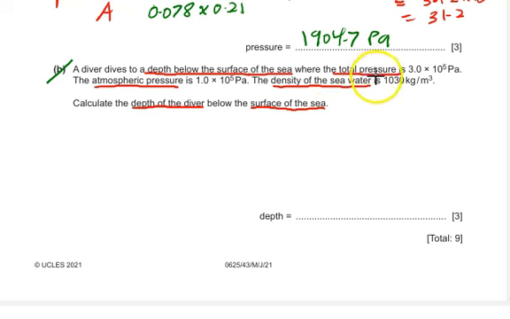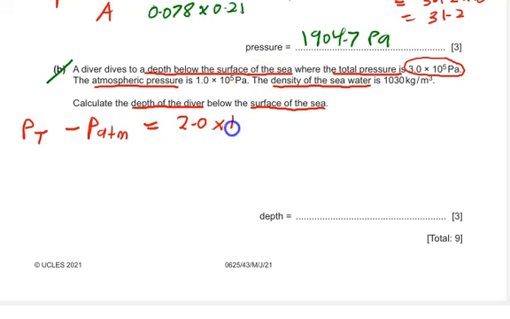So now we have a total pressure of 3.0 multiplied by 10 to the power of 5 Pascal, and you have to minus the atmospheric pressure, which will give you about 2.0 times 10 to the power of 5 Pascal.